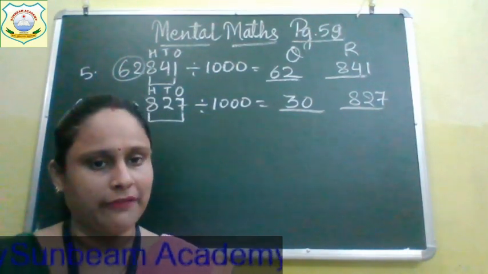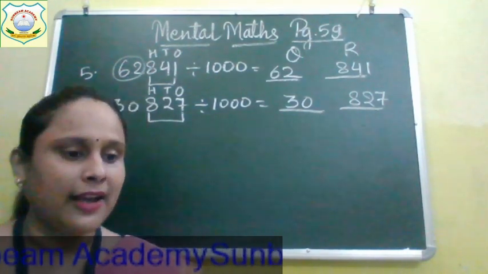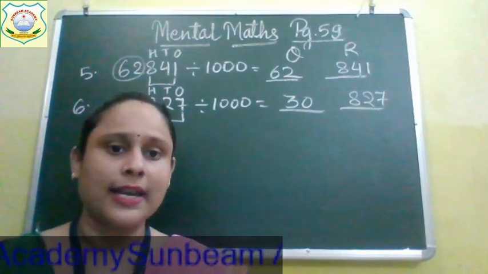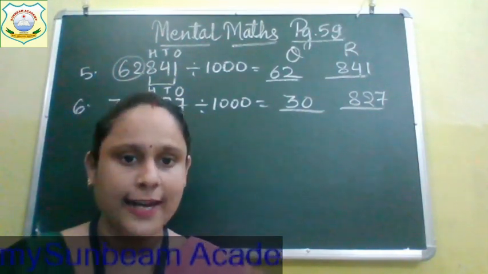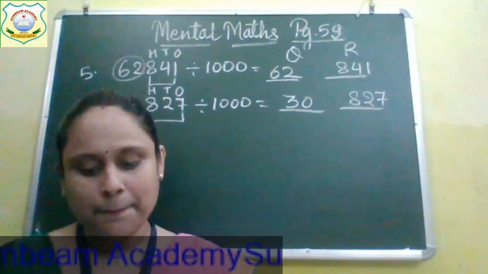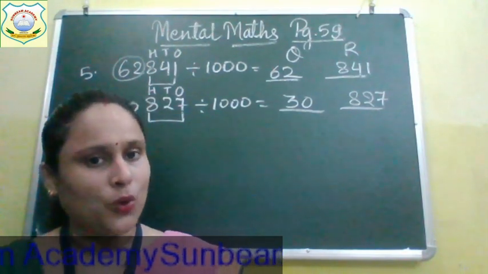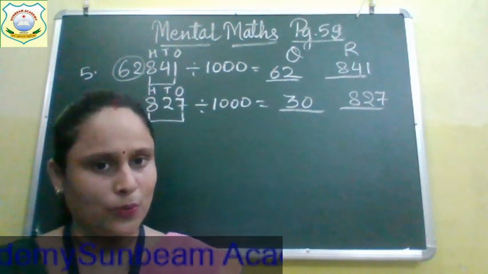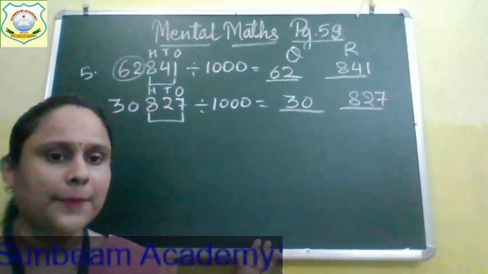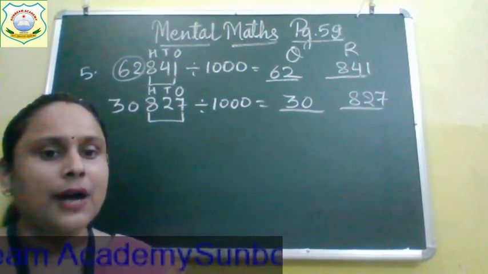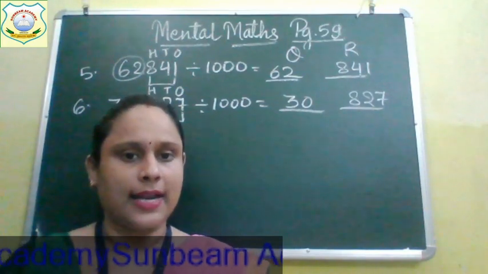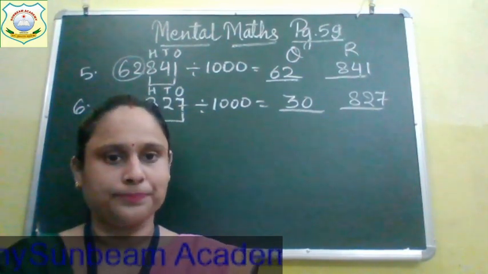Try yourself, everyone. Today I have given you homework in Mental Maths: 2 questions on page 58, and 2 questions on page 59. So children, complete up to here, then all of you take out your notebook. We will start our exercise 4.3.